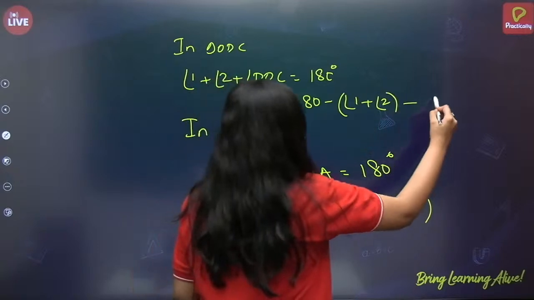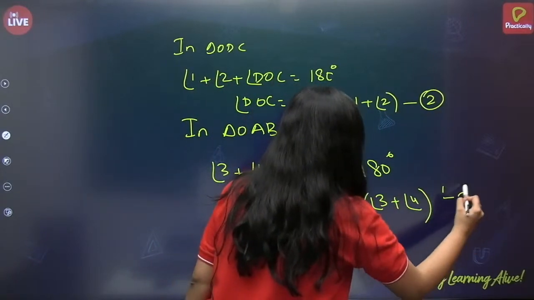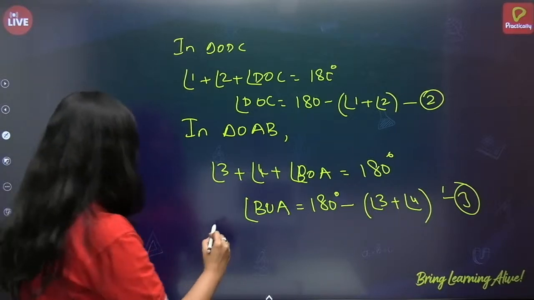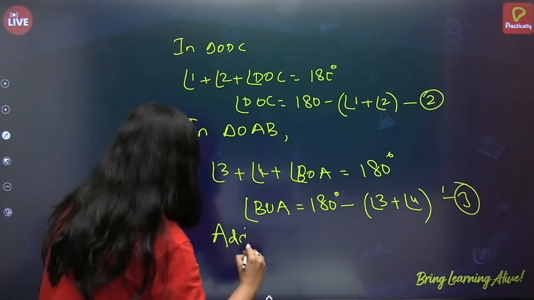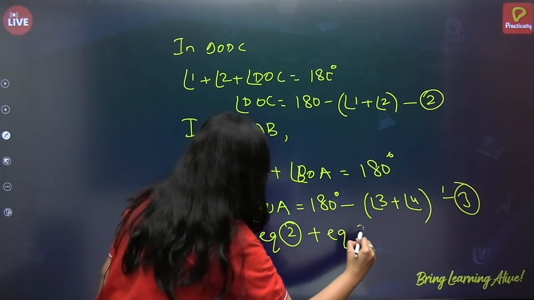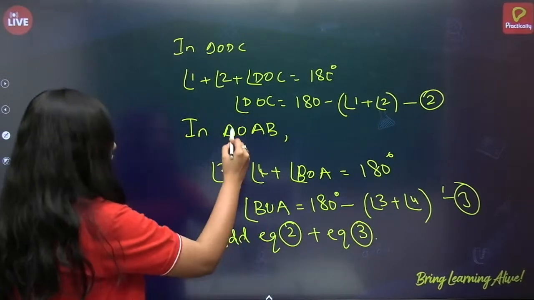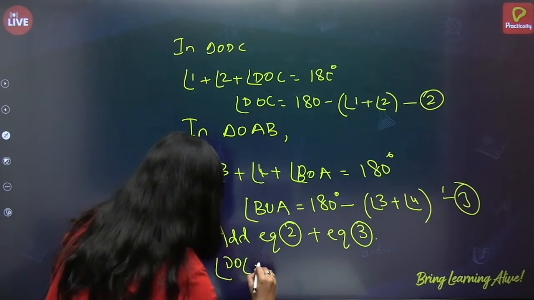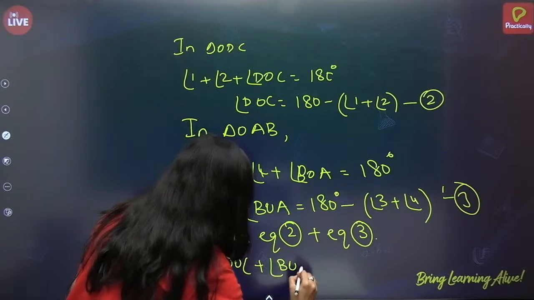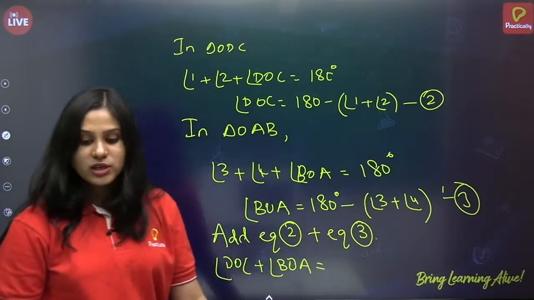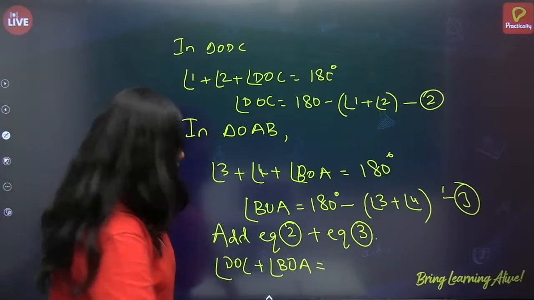Okay, now this is my equation 2, this is my equation 3. So, I am adding equation 2 and equation 3, okay. What do we get? Angle DOC plus angle BOA is equal to 180 plus 180, which is how much? 360 degrees. Correct?